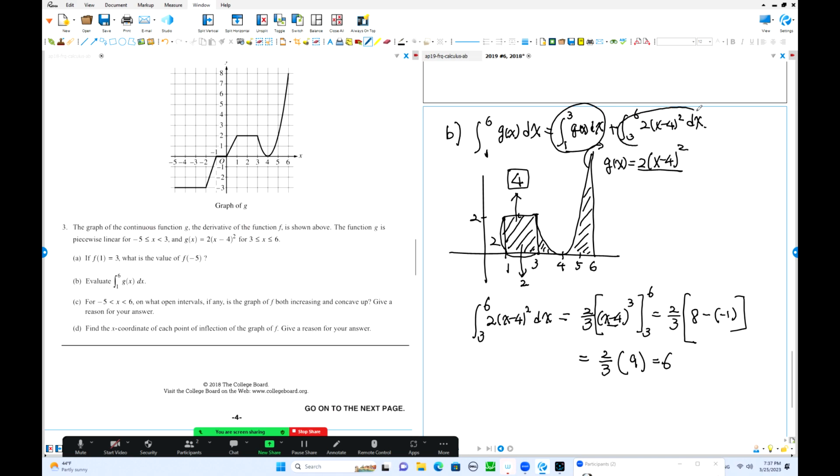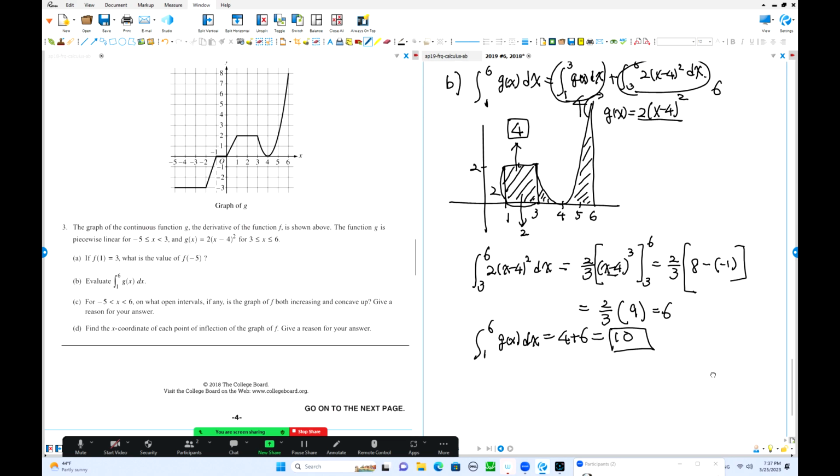This area is 6. What is the total area? 4 plus 6. So the integral from 1 to 6 of g of x dx equals 4 plus 6 equals 10. That's the answer, number B.